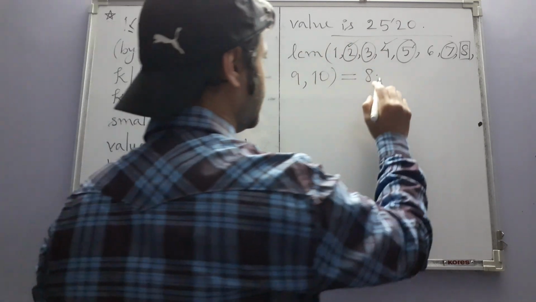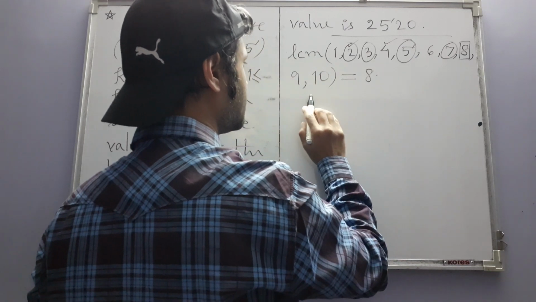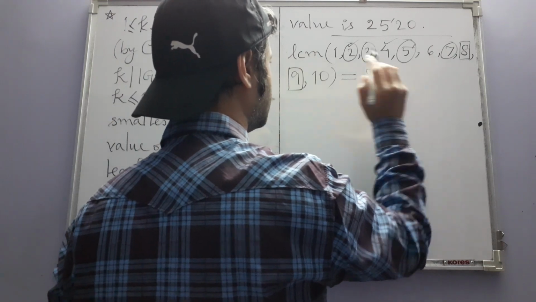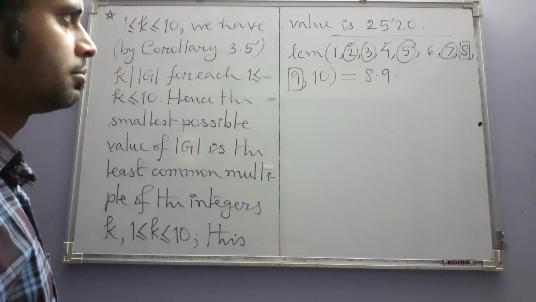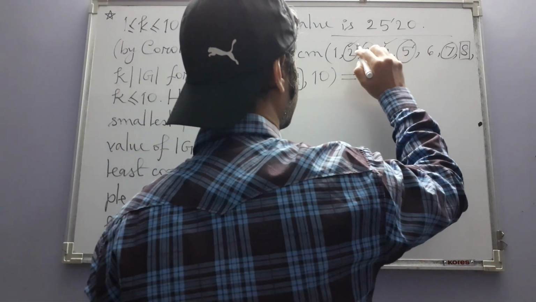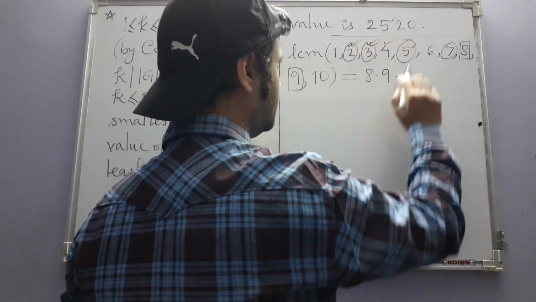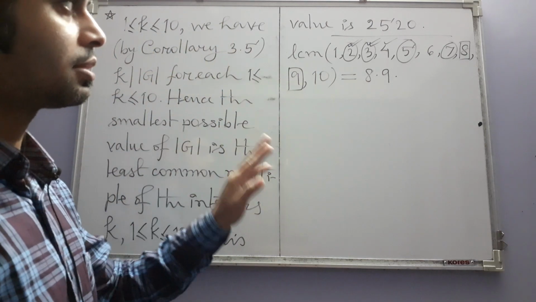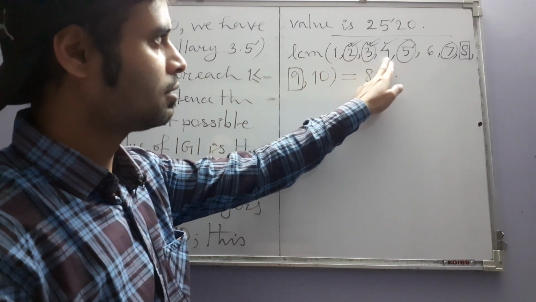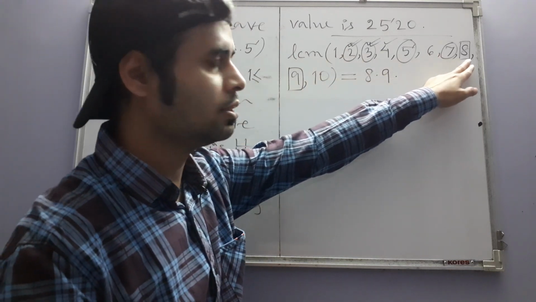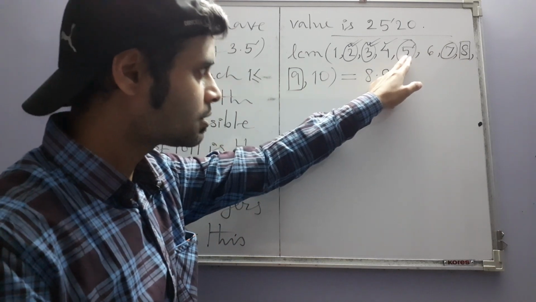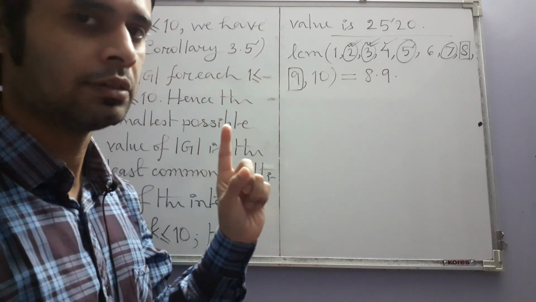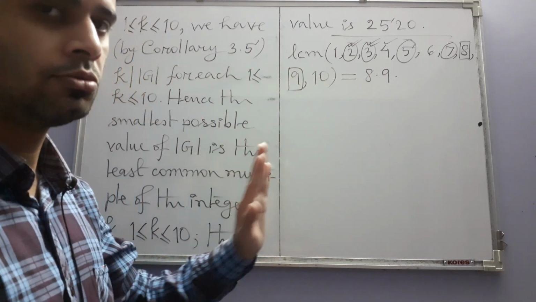Then you look at the powers of 3. What is the largest power of 3? 9. So you take 9. Then we have taken care of 2 and 3, then 5. What is the largest power of 5 that appears in these numbers? Note that 5 does not appear in the first 4, it also does not appear in these 3, but it appears here once as just 5, and in 10 as 2 times 5.